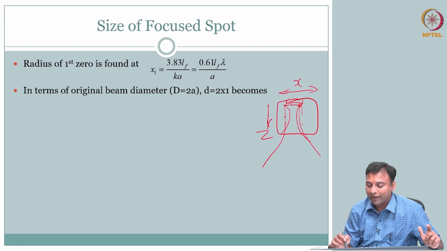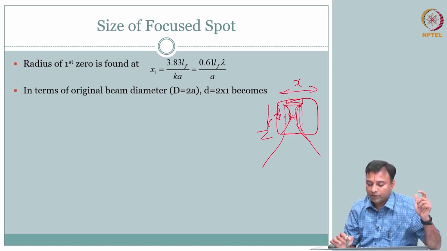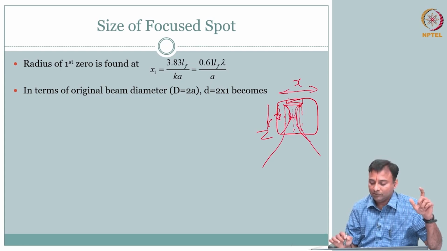So what we did is we have a lens now which is reducing the width as small as possible. At FL we will have the shortest width. Because of the geometry, x1 was only one direction, so 2 times x1 is your width.